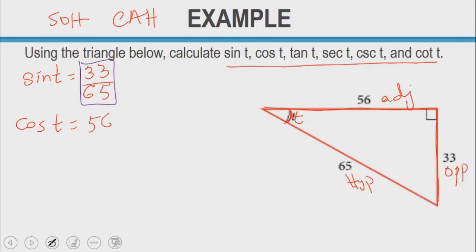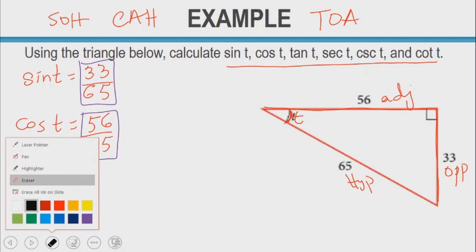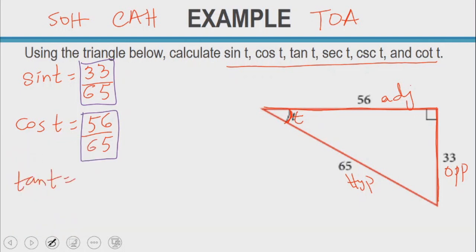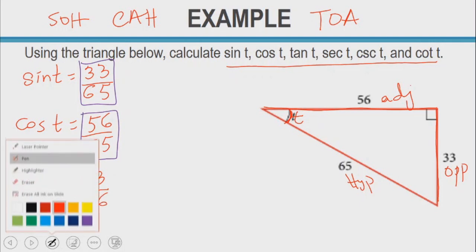So that's going to be 56 over 65. For tan T, that is TOA. So tan T is going to be opposite over adjacent. Opposite is 33 and adjacent is 56.